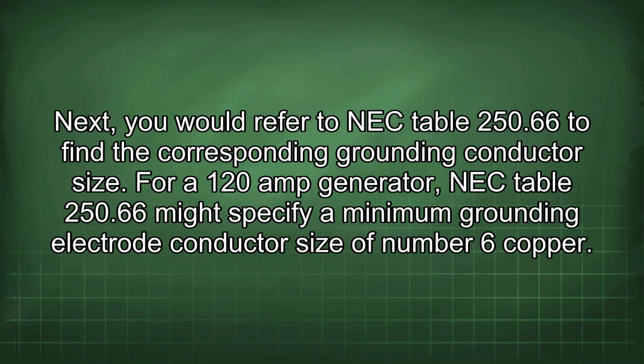Next, you would refer to NEC Table 250.66 to find the corresponding grounding conductor size. For a 120 amp generator, NEC Table 250.66 might specify a minimum grounding electrode conductor size of number 6 copper.